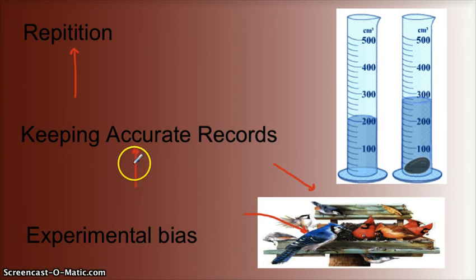You need to keep accurate records. For example, when the blue jays came, what other factors were there, so that you're repeating that. You really need to not just assume that your hypothesis is correct.